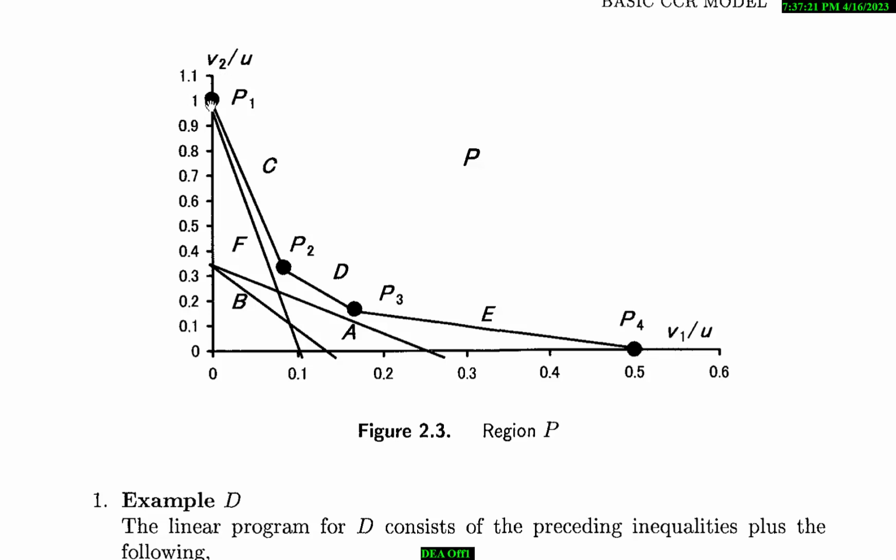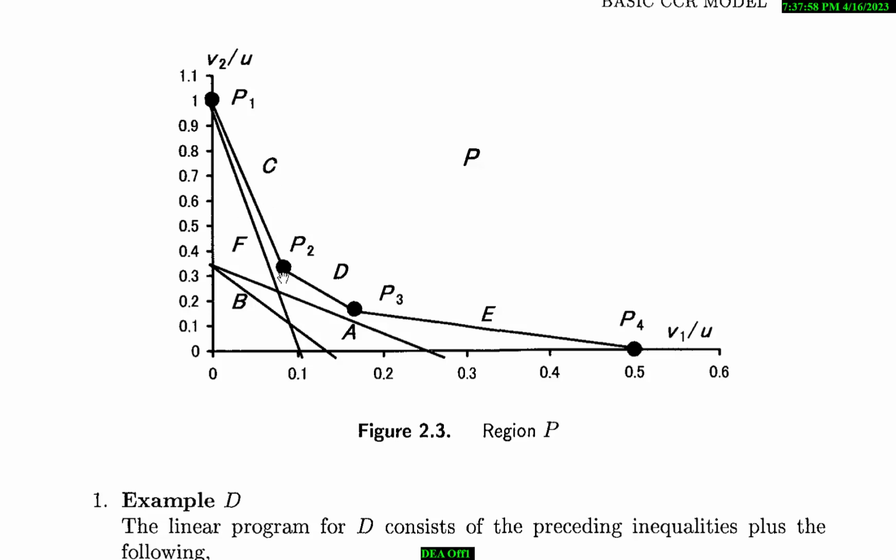This is the only optimal solution. Indeed, F's CCR efficiency is 1, but it is obtained only for a solution in which the first weight V1 is 0. So there is no other solution with positive weights. So F is weak efficient.